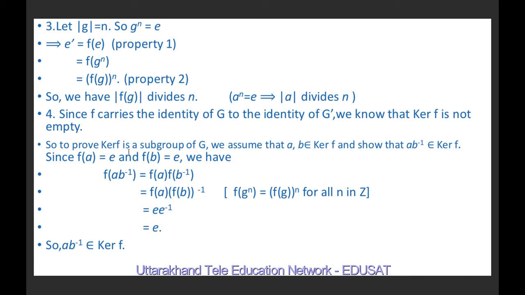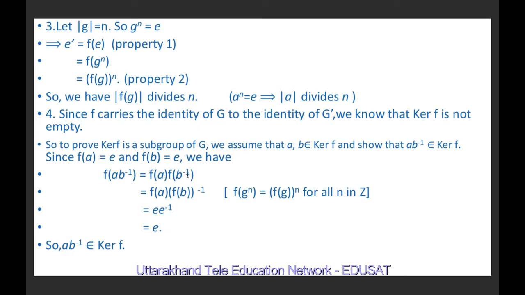Since f(a) is equal to E and f(b) is equal to E, we have f(ab^-1) is equal to f(a) into f(b^-1). This is by homomorphism, because homomorphism preserves group operation.